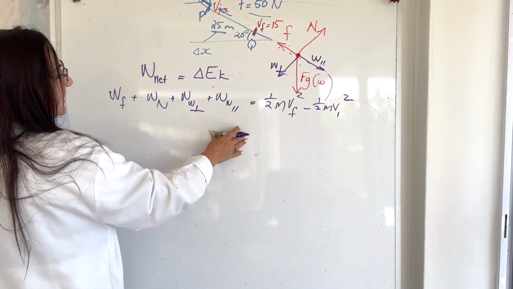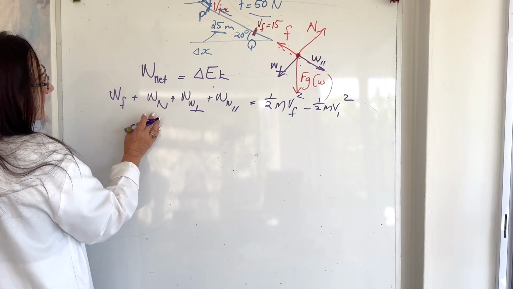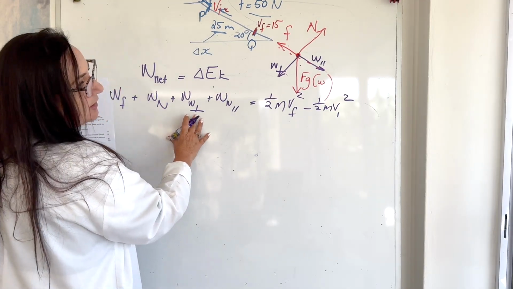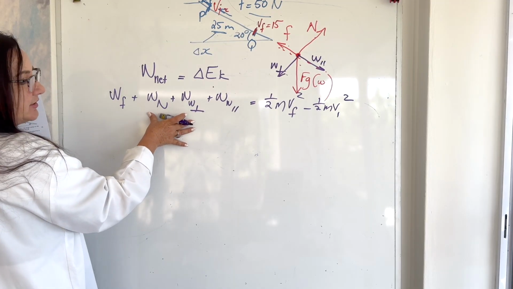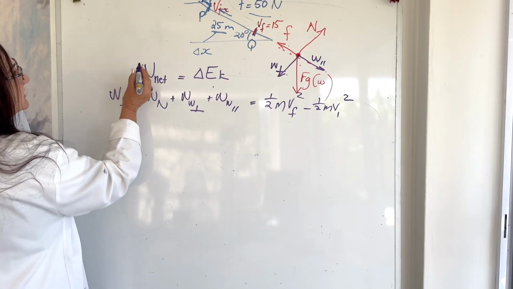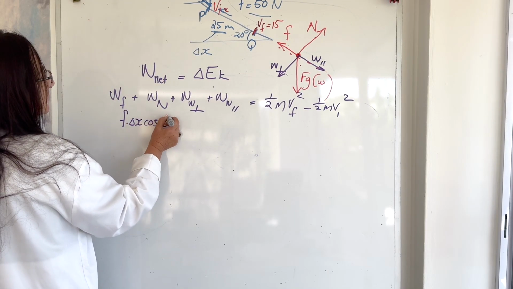Now I'm going to have to break this up, but in the place of my work done by my normal and my work done by my perpendicular, those two I'm going to just substitute as 0 joules. So what I'm going to be left with is F delta X cos theta.